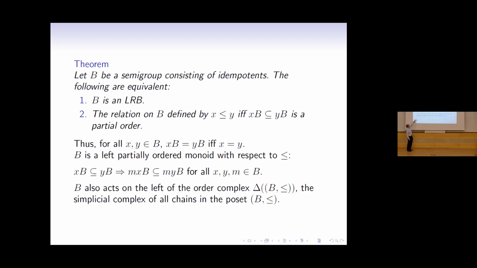Although it's clear that this multiplication on this partial order extends to chains in this partially ordered set, so we have naturally already an action of this monoid on a simplicial complex. Now let's assume there's an identity element.